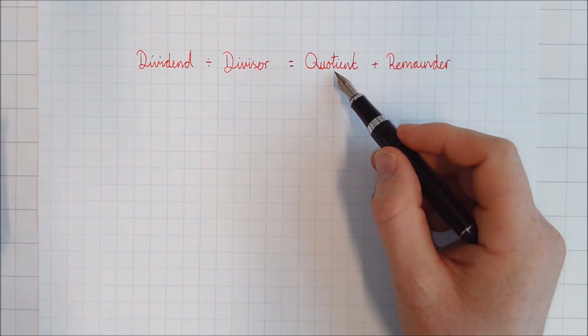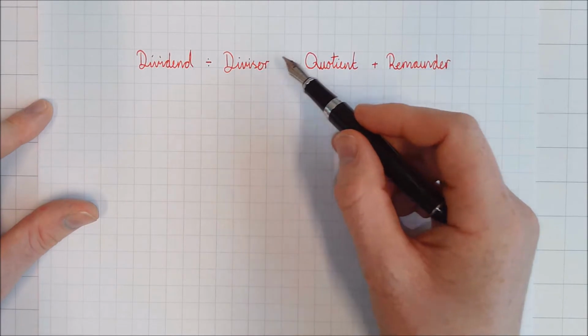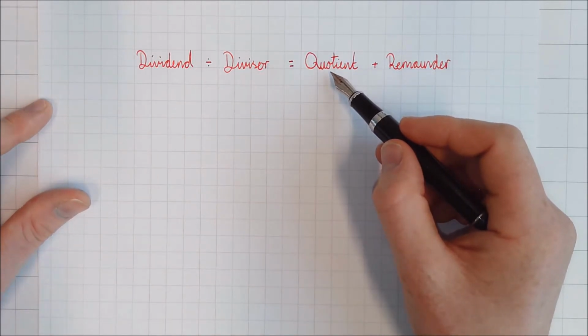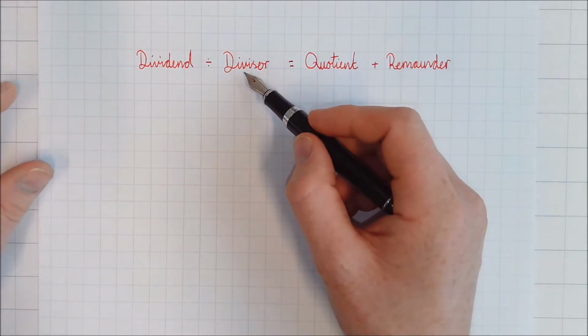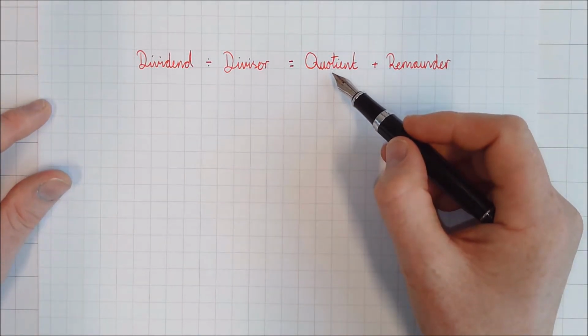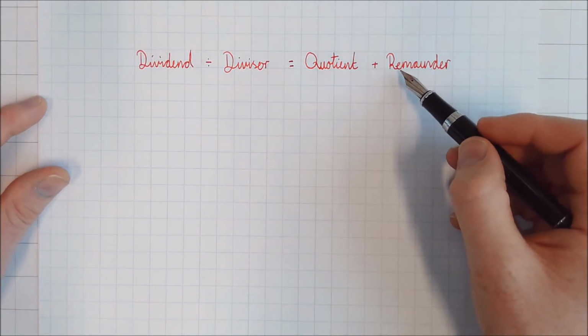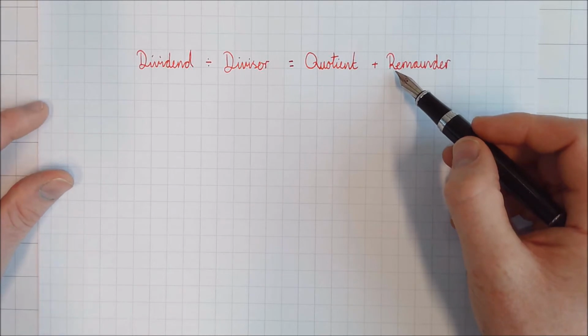The quotient can be either, if this was the number of groups, this would be the amount or number in the group. If this was the amount or number in the group, this would be the number of groups. So it's slightly trickier than our other equations. Then anything that is left over, so anything that doesn't fit into our groups, is our remainder.